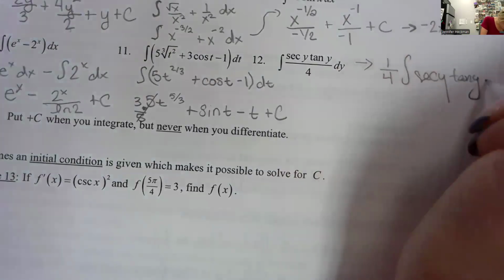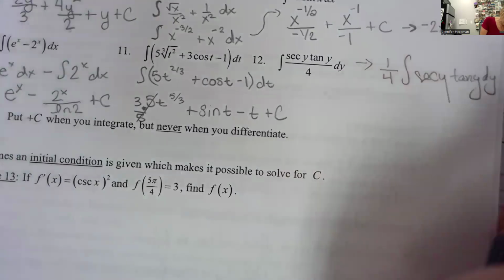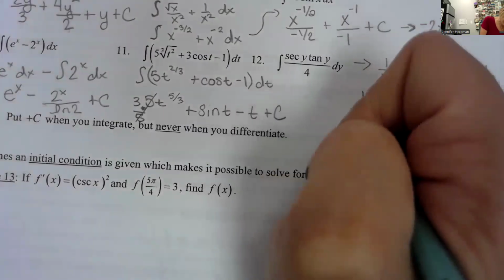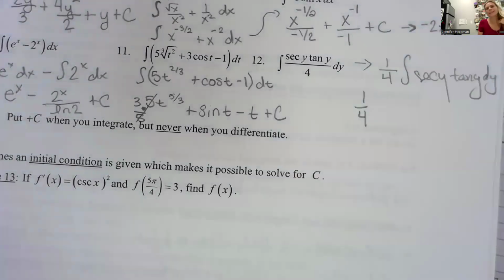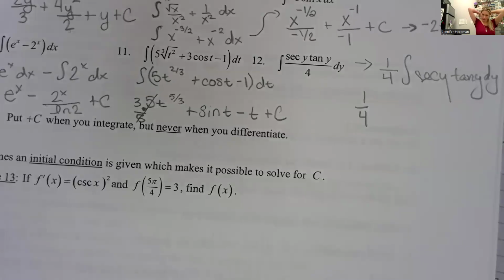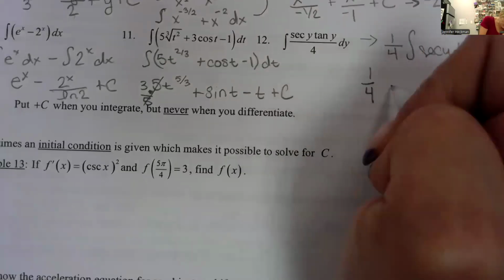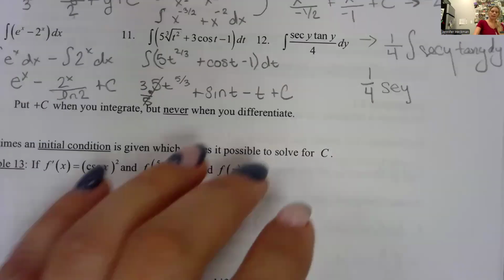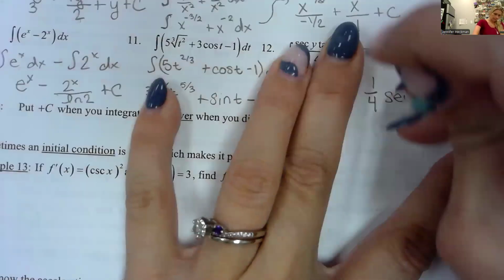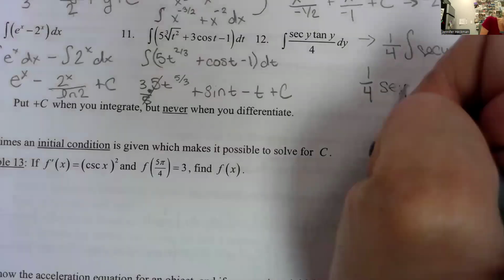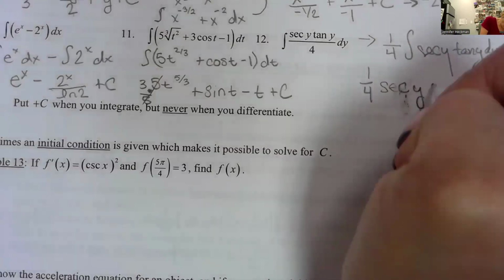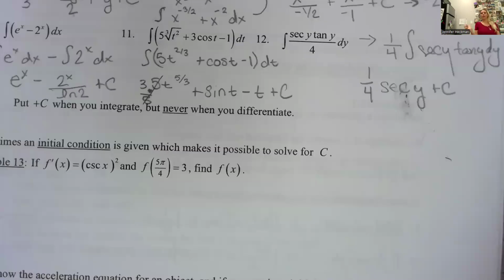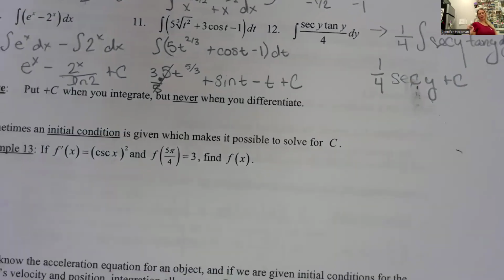Now, knowing it's a scalar multiplication, I can keep that up front. And what's the integral of secant y tangent y? Well, that would be secant y. Yeah, I forgot the c. Very good.